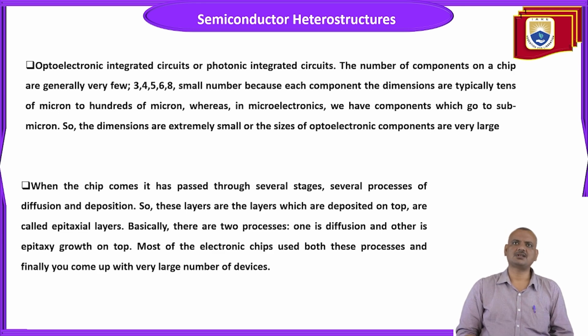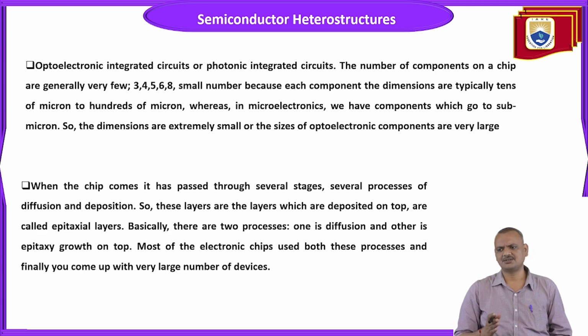So the dimensions are extremely small there, while the size of optoelectronic components is very large. In electronic IC devices the component sizes are very small, but in optoelectronic devices the sizes are a little bit large compared to electronic devices.